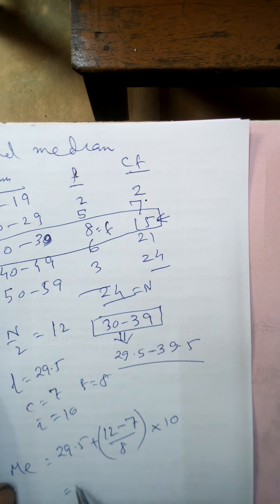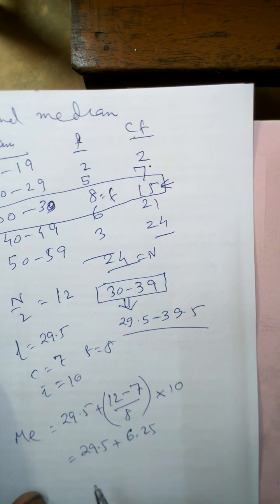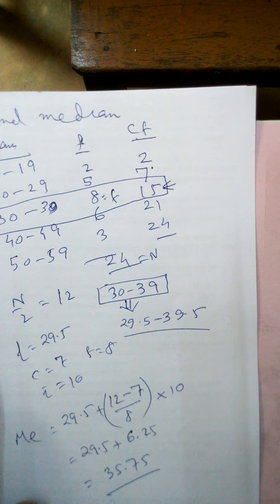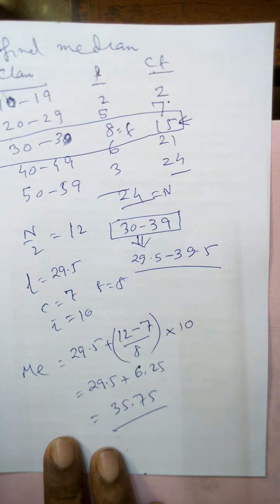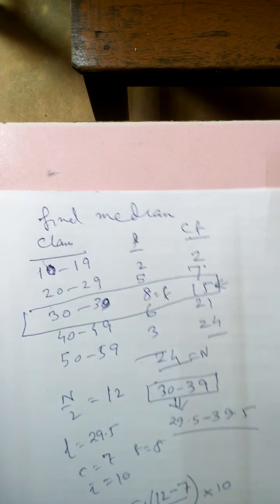So how much are you getting? 29.5 plus 50 by 8, because 5 is 12 minus 7, into 10. 50 by 8 is 6.25. So our answer is 35.75. This is the median of grouped frequency. So this is the idea of median.